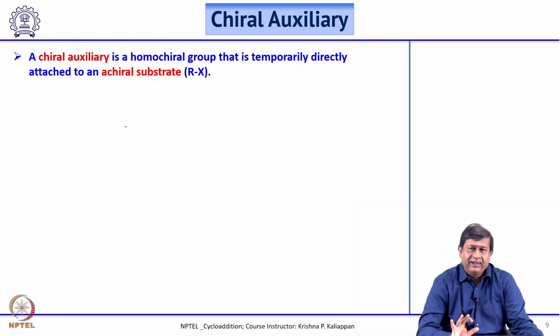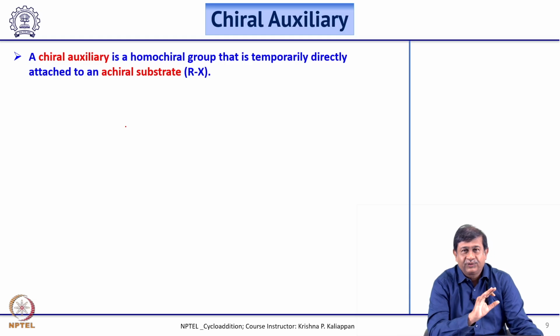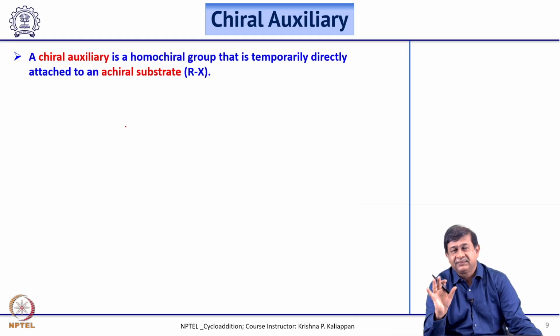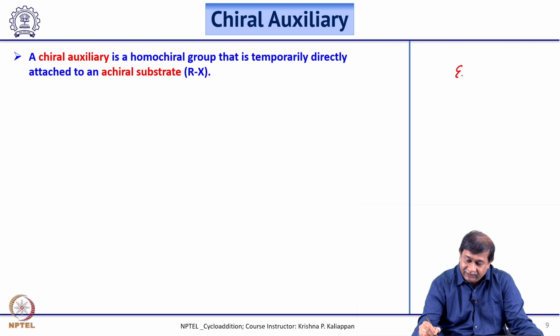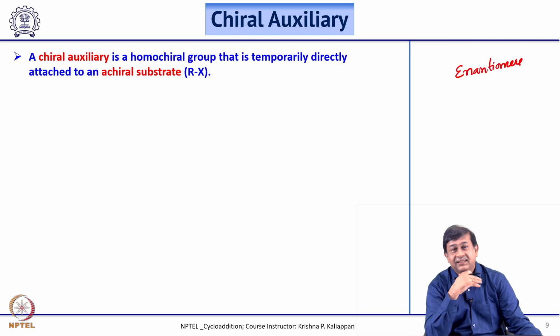Now what happens, as I said, the normal substrate without a chiral auxiliary, when you do the reaction, will give a racemic mixture. And if it is forming only one chiral center, then it will give enantiomers. These enantiomers you cannot separate.